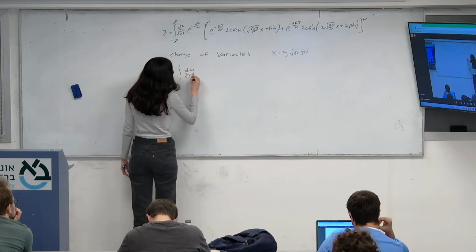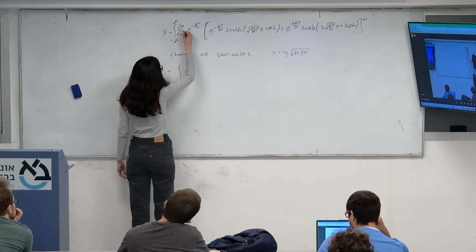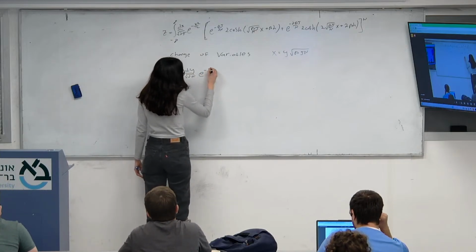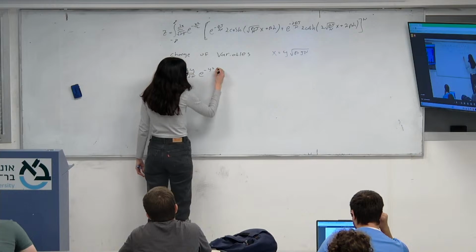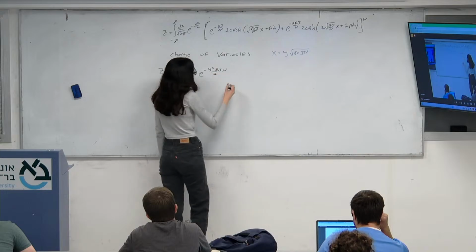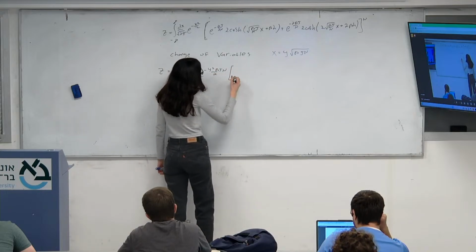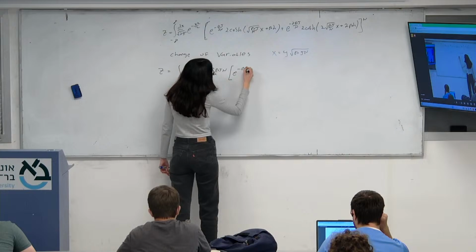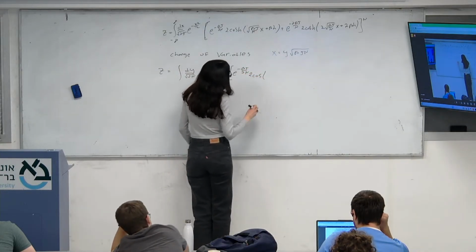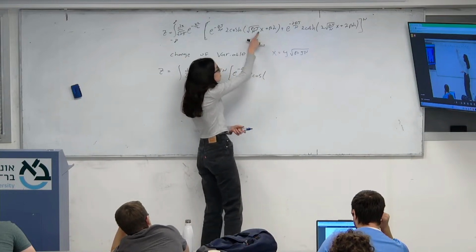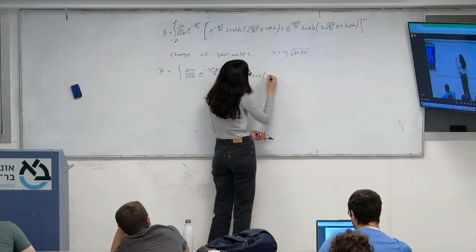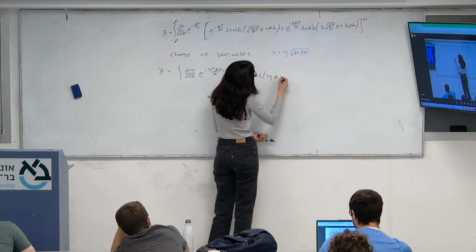So dy, this is pi, not x, e to the minus y squared beta j n over 2, and instead of the square root multiplied by x, we're going to have y beta j.